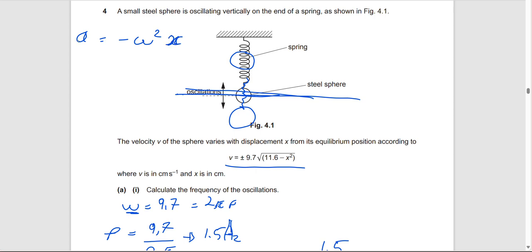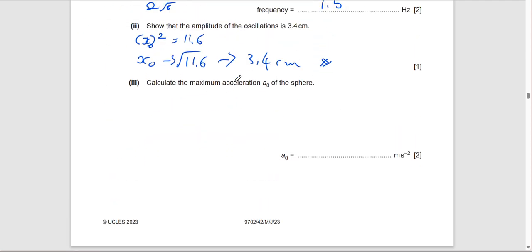So as you can see, acceleration will be maximum when the displacement from the equilibrium position is maximum. And maximum displacement from the equilibrium point is the amplitude. Amplitude like that.